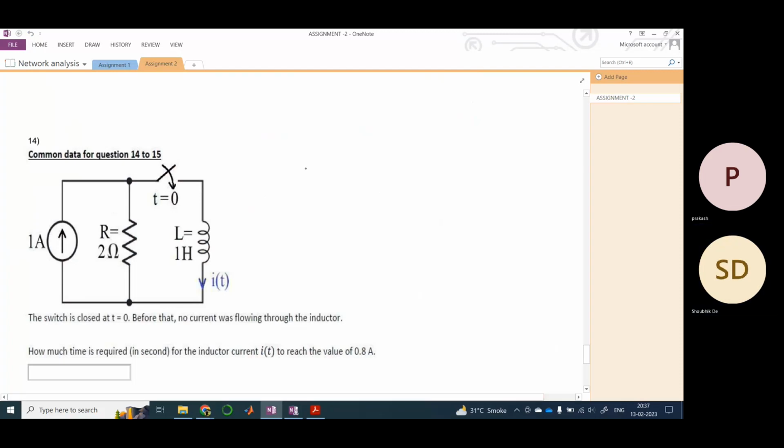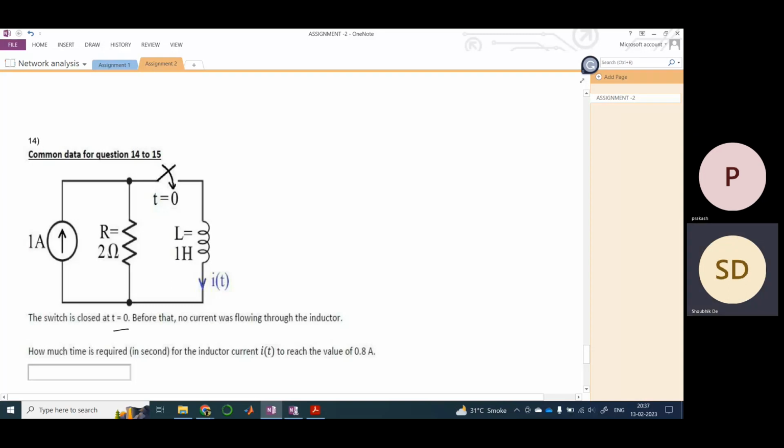Now you need to consider two cases, right? Here they have told that the switch is getting closed at t equals 0. Before that there was no current flowing through the inductor, so the initial current is 0.